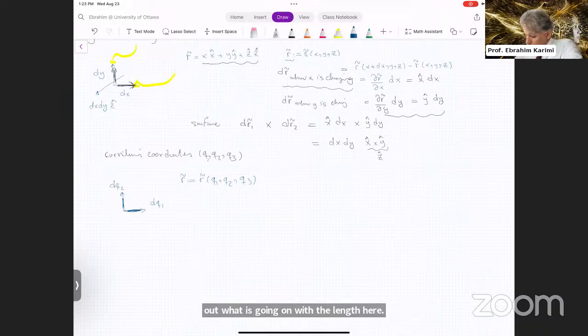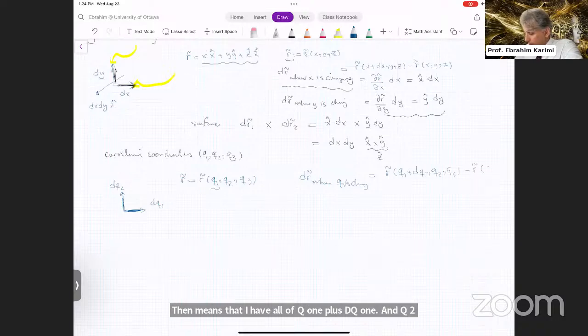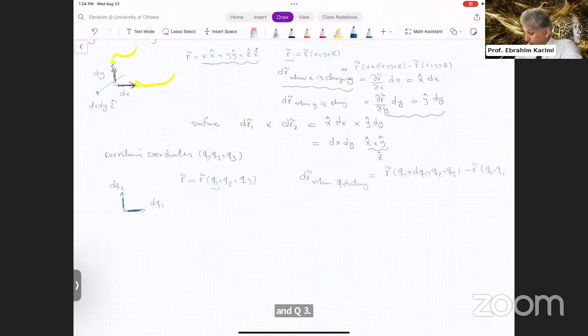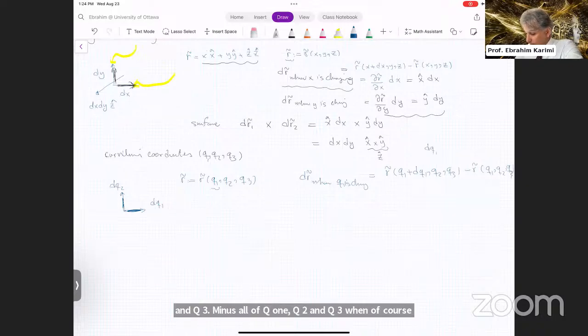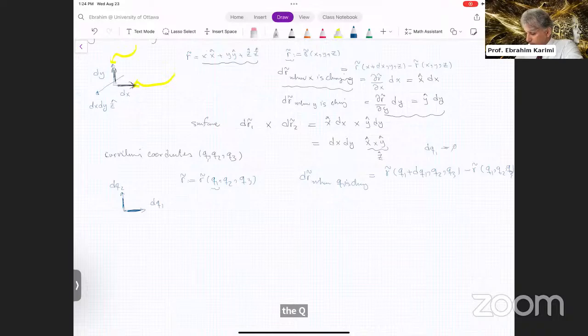So dr when Q1 is changed means I have R of Q1 plus dQ1, Q2 and Q3, minus R of Q1, Q2, and Q3, where of course dQ1 is asymptotically going to be 0.